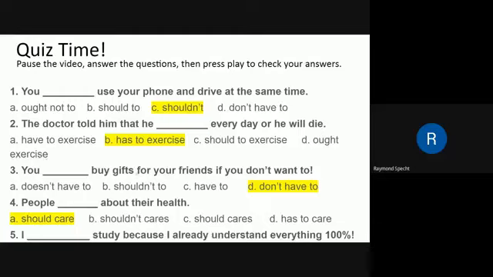You blank buy gifts for your friends if you don't want to. You don't have to buy gifts for your friends if you don't want to. People blank about their health. Should care about their health.